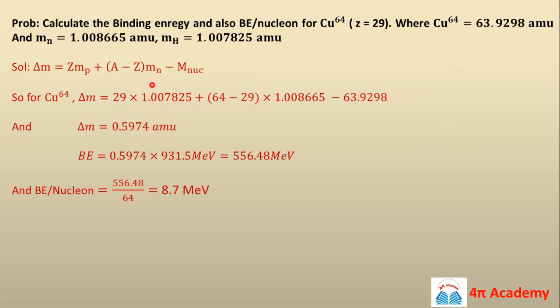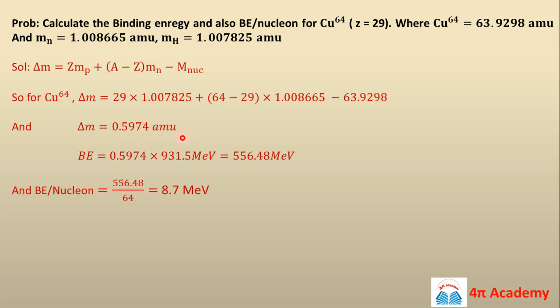And A minus Z is the number of neutrons, so that will be (64 minus 29) times Mn, and Mn is 1.008665, minus the mass of the nucleus of Cu64, that is 63.9298. So just calculate the value of delta M, and it will be 0.5974 AMU.